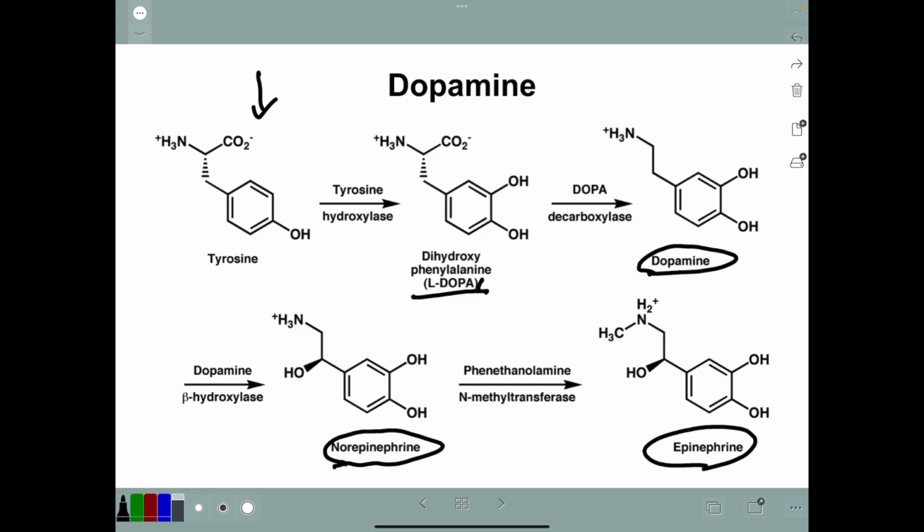And L-DOPA is of important therapeutic significance. L-DOPA being, I want to say prerequisite, but that's such a silly name, to dopamine. This is often prescribed for individuals with different conditions that are deficient in dopamine. They will have a prescription for L-DOPA, the precursor to dopamine. Okay, let's move on.